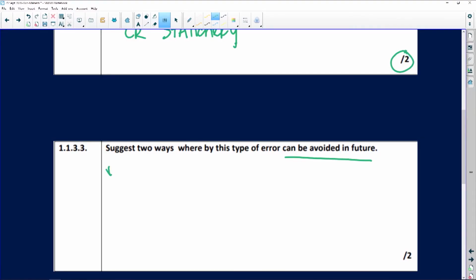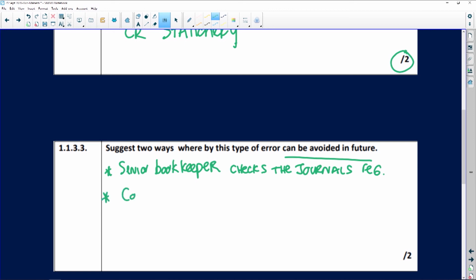You could suggest that a senior bookkeeper checks the journals regularly or once a week, for example, right? You could talk about comparing source documents. So compare the source document.